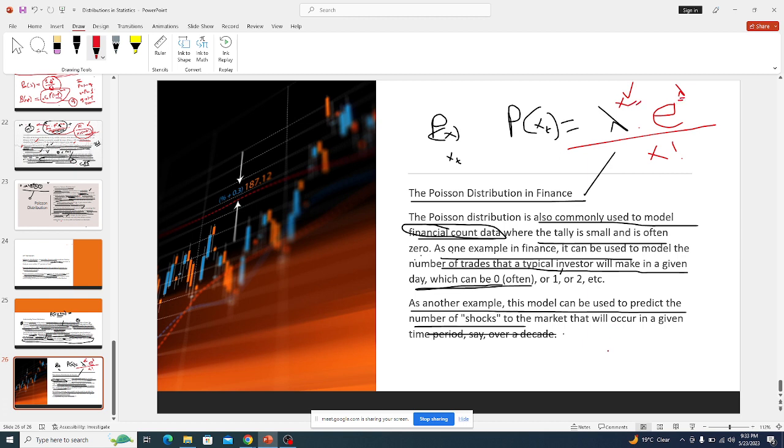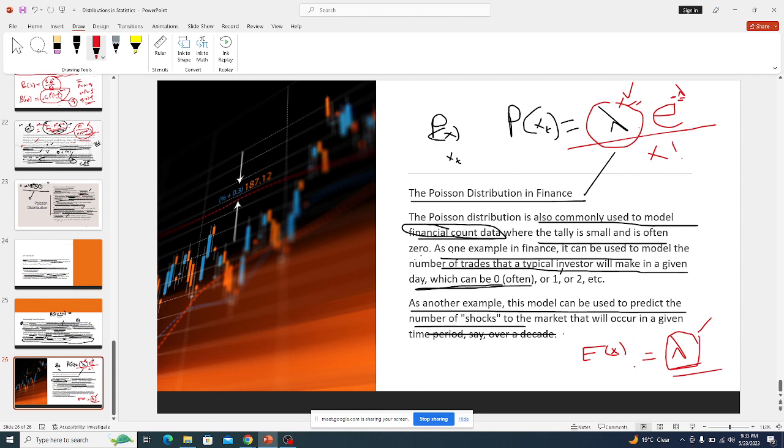When we compute the expectation of x using Poisson distribution, we usually get lambda as our mean. Sorry, here should be a negative. Sorry for that. It is exponent of negative lambda.